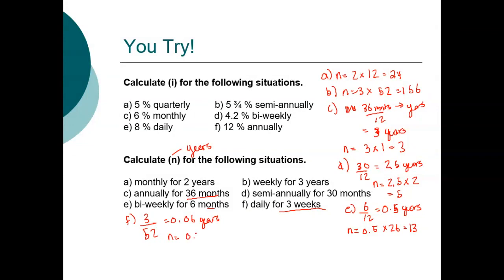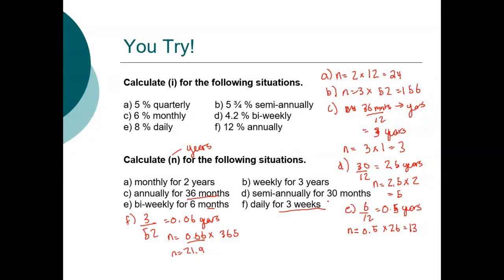And they're doing it daily. So we had 0.06 years daily, so times 365 gives me 21.9. Now, I did round this number, but you get the idea.